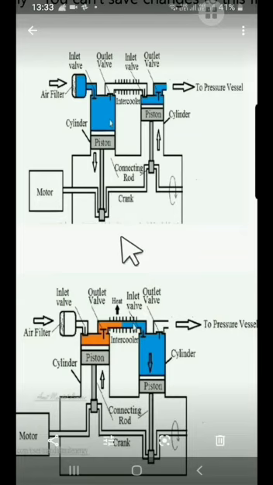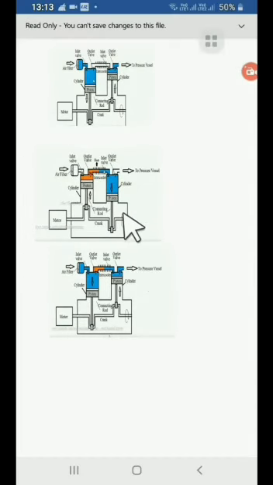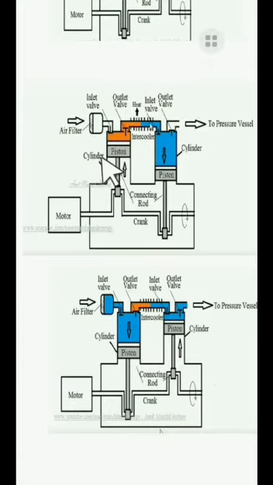Now after this, the high pressure piston rises up and pushes this air to the desired receiver or pressure vessel. You can see from this diagram that the compressed air passes from the low pressure cylinder to the intercooler where it loses heat. At the other end it is cold, at the first end it is hot.